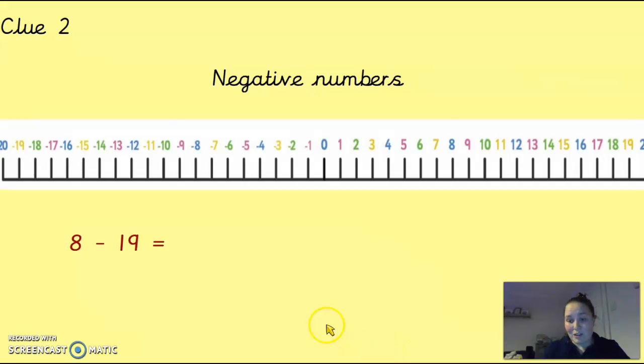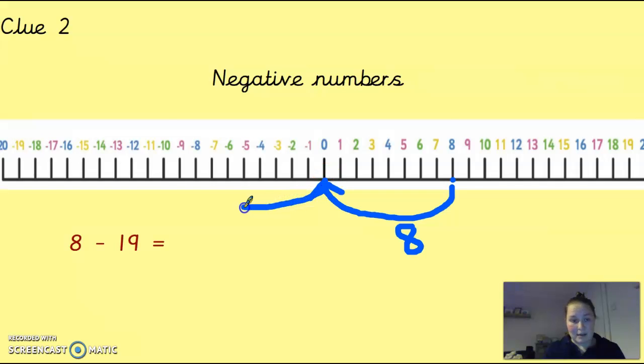So if you had a question like this, 8 take away 19, you'd have to start yourself on 8 and jump back 19. Now you can either do that by counting 1, 2, 3, 4 all the way down to 19, or you can jump to 0 and that will be 8. I've taken away 8 and I wanted to take away 19, so I need to take 11 more.